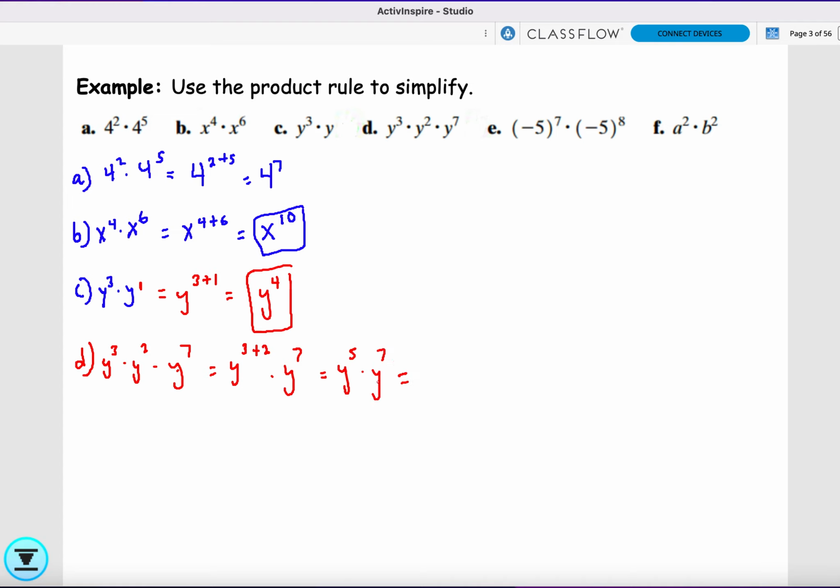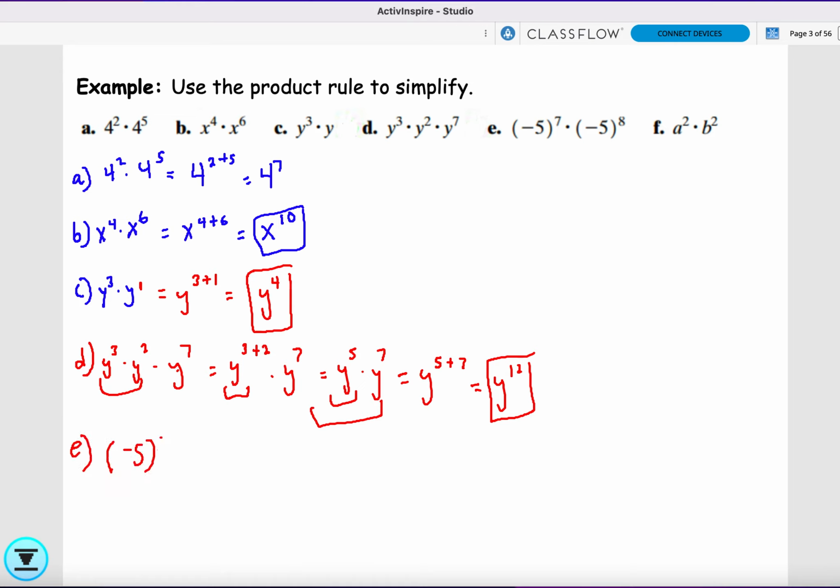I'm just pretty much doing the rule one at a time, but we know we would have just added all of these across, which would have just been 12 in total. But I'm just doing the product rule one at a time. So I did these two first and got this one, and then I finally did both of these here.